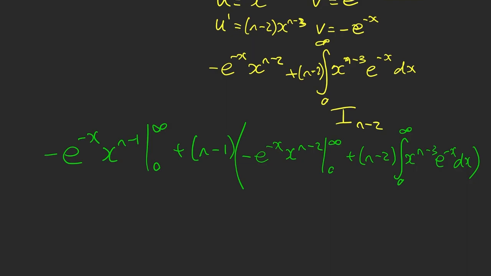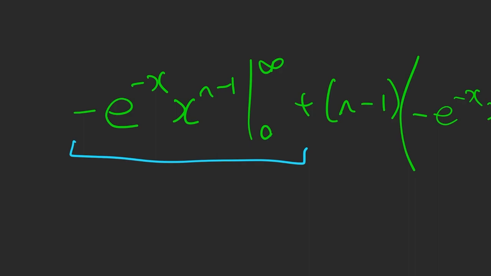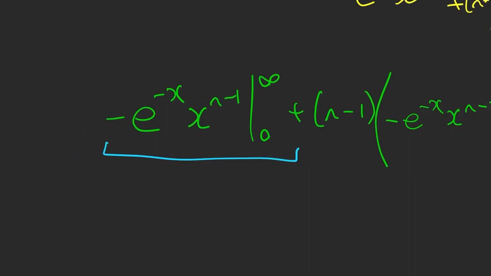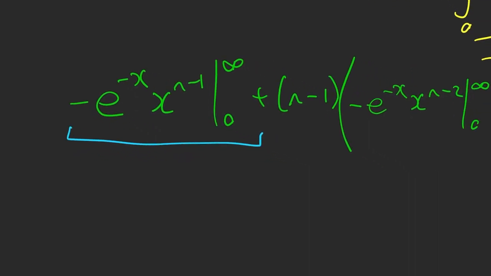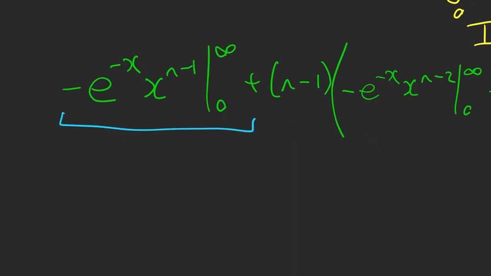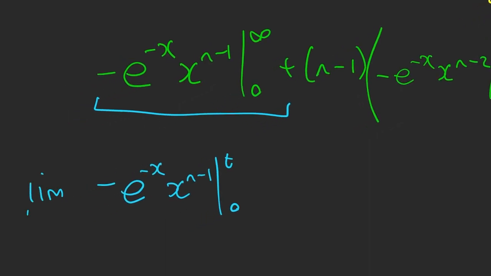Okay, let's evaluate this term right here. So negative e to the negative x, x to the n minus 1. Well, let's see what happens when we evaluate this as the limit approaches infinity. So let's say that this is equal to negative e to the negative x, x to the n minus 1 from 0 to t, and it's going to be the limit as t approaches infinity.